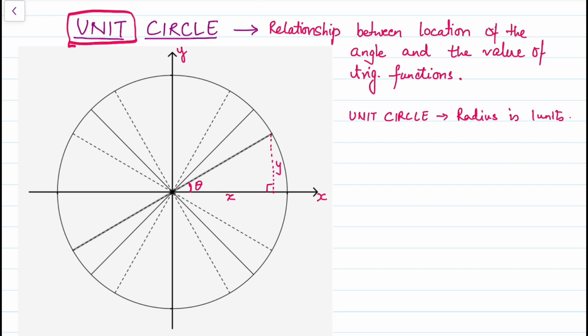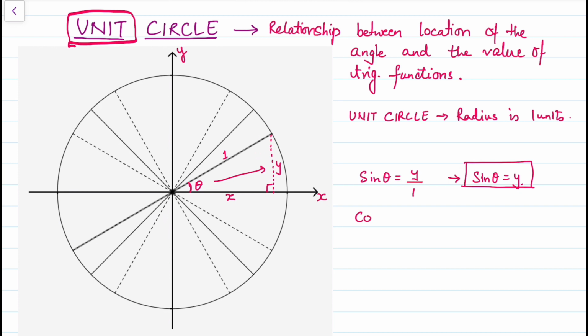y-axis, right? So now in this case, if we find sine theta and cos theta, we can say the hypotenuse is 1. So sine theta will be equal to opposite, which is y, over hypotenuse. So here we can say sine theta is equal to y, right?